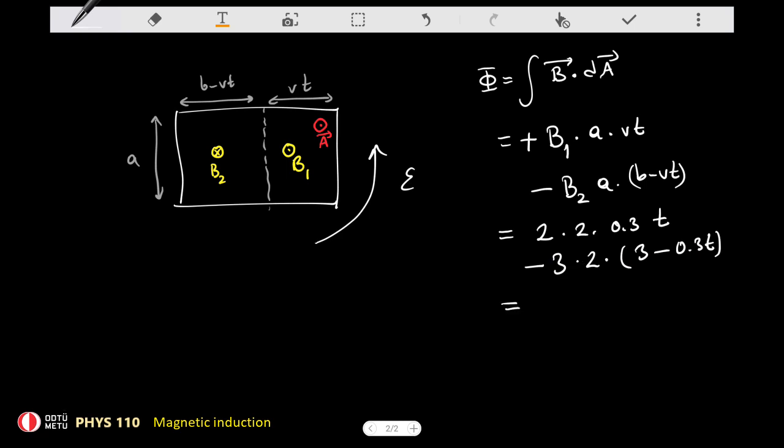So as a result, I get minus 18 as the constant term in here, and then I get plus 10 multiplied with 0.3. So plus 3t. Unit is Tesla meter squared, where time is in seconds. It's just expressed like that.